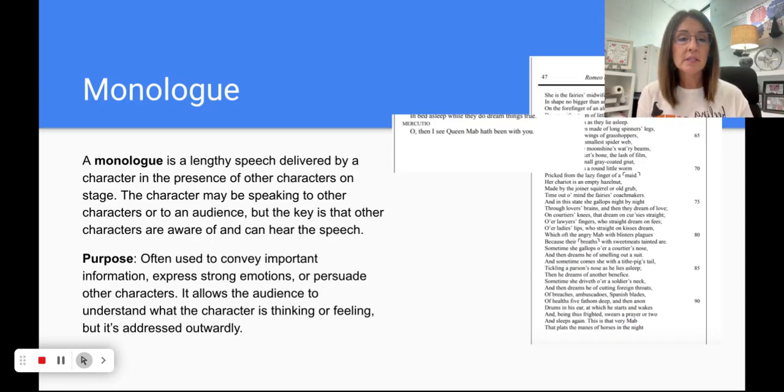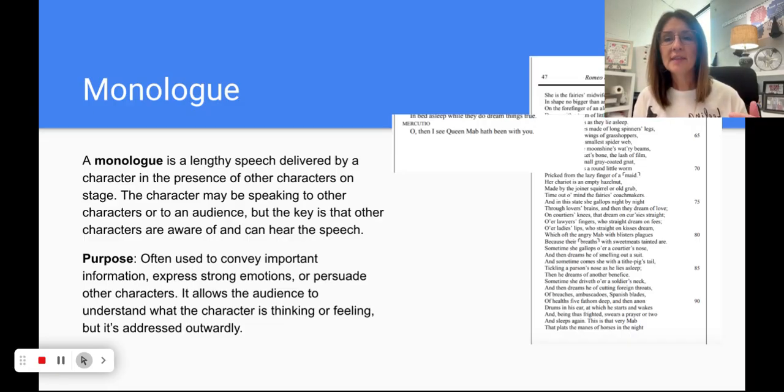The character who is giving the monologue may be speaking to another character, but the key is that other characters are aware of it and can hear the speech, okay? So it's not something that's done in isolation. So oftentimes it's sort of like a motivational speech, or it's to persuade or to express strong emotion. So keep that in mind with the monologue. It is in the presence of the other characters, and they can hear it and are aware of it.